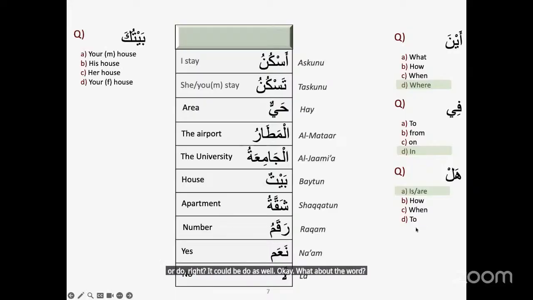What about the word baytuka? Right, that's correct. It is A, your house, correct?